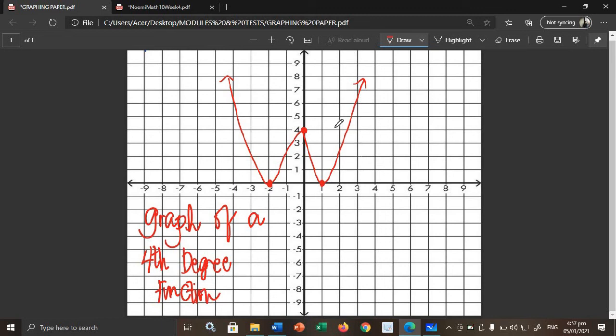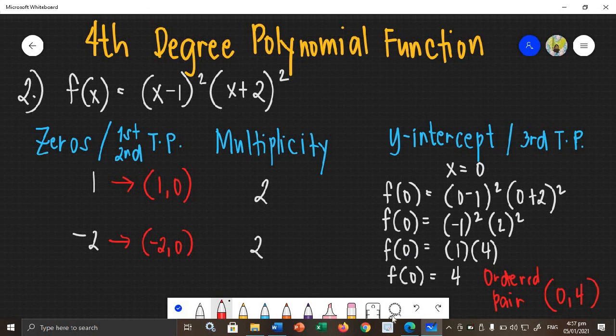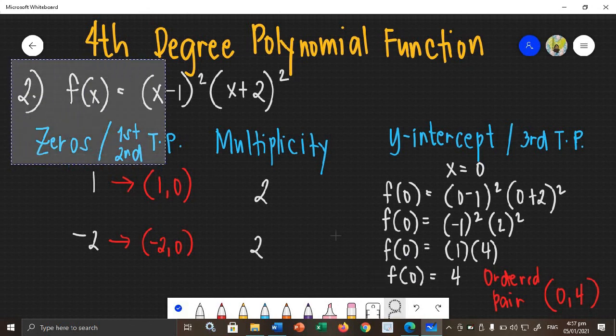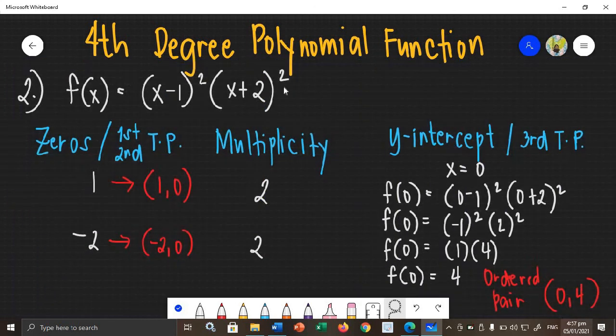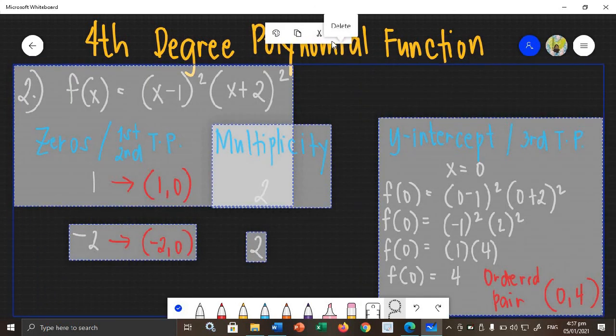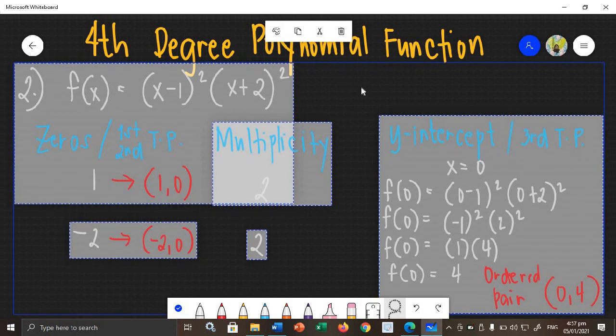Yeah, this is an example of the graph of a fourth degree function according sa given natin, yan yung graph niya. And then you're going to write the characteristics of the graph below the graph itself. No, hindi ko lang masulat kasi nagmo-move yung letters dun sa kabila, no?